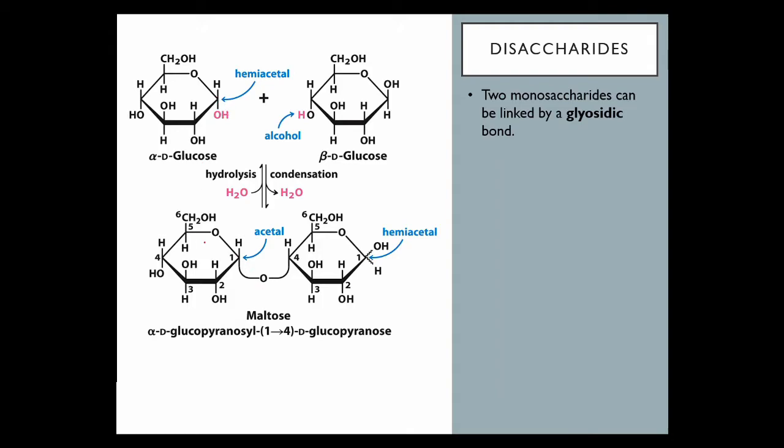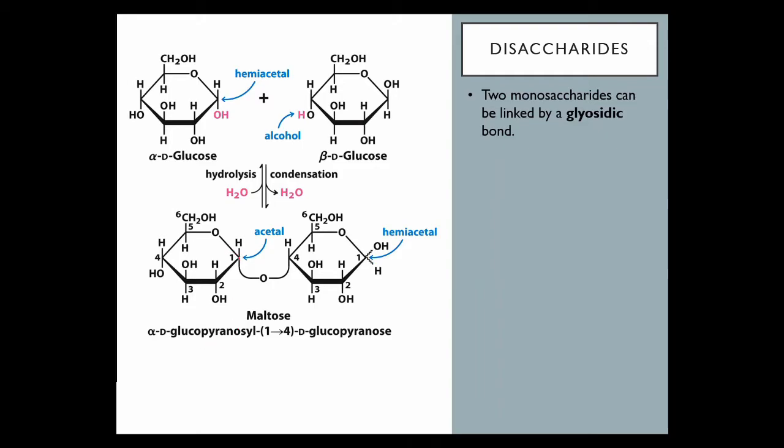So the one that has the anomeric carbon connected is the one that's named first, so it's alpha-D-glucopyranosyl. It's still in its alpha configuration because the oxygen is still below the plane of the ring, and the number 6 carbon is above the plane of the ring, and it's still in its D arrangement, and it's in a ring, so we call it pyranosyl.